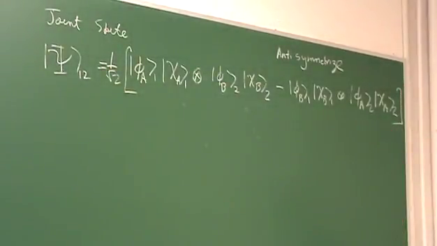So here, 1 and 2 label which electron I'm talking about, and A and B represent particular states in which those electrons find themselves. Okay?